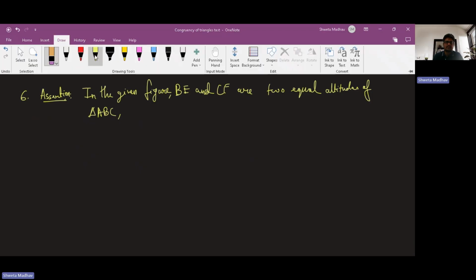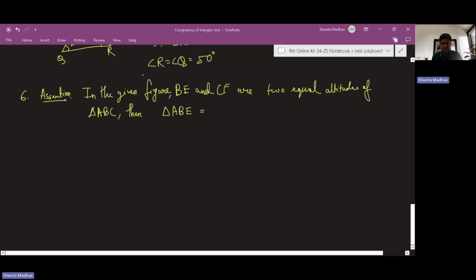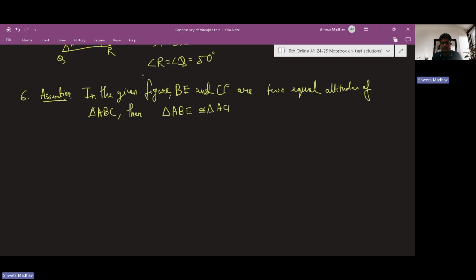So then triangle ABE is congruent to triangle ACF.